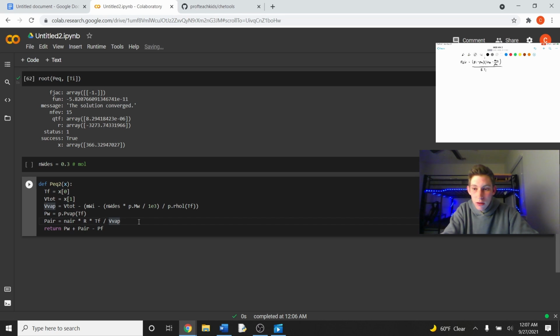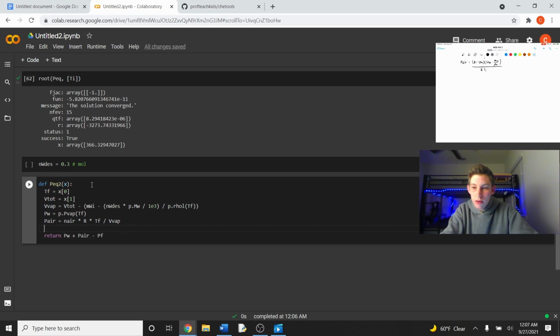And then finally we need to consider the equation for the water vapor moles. So it essentially should be this, but the moles of the equation for it would be the pressure of the water times the volume of the vapor, because we're looking at the water vapor, divided by our gas constant R times our final temperature.